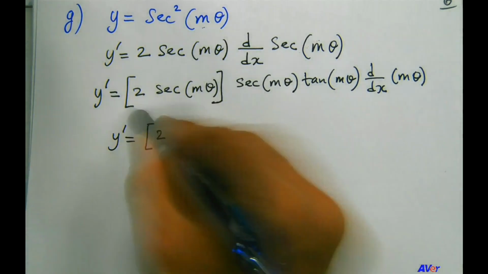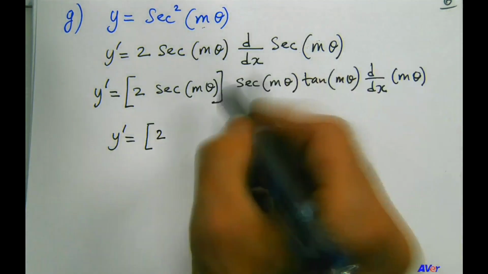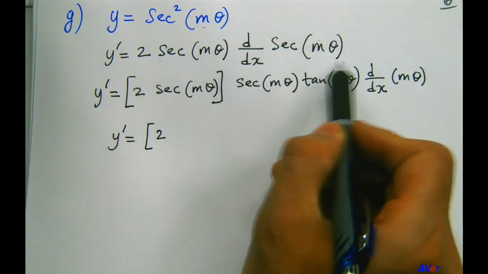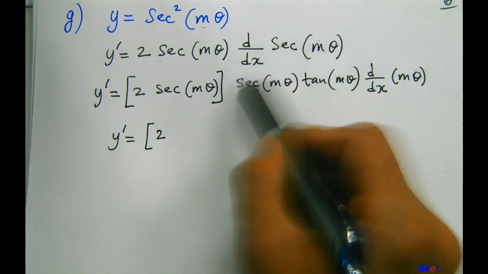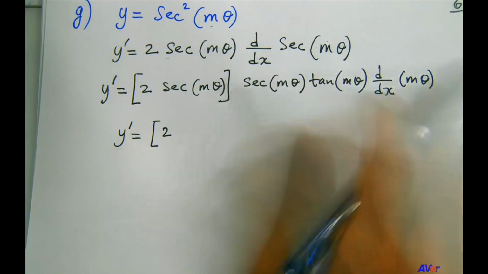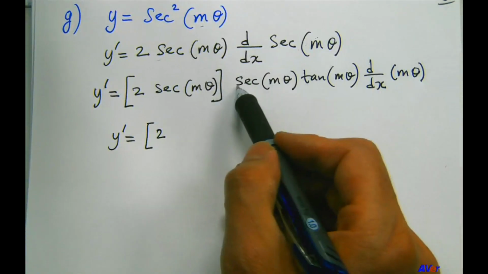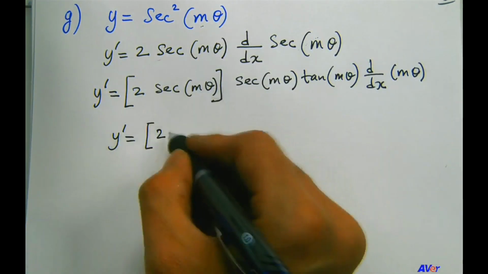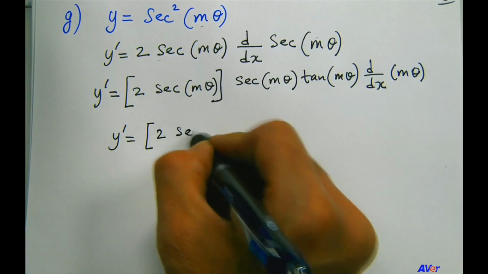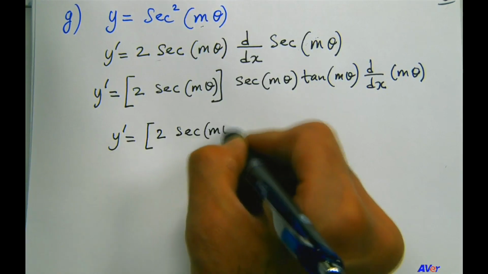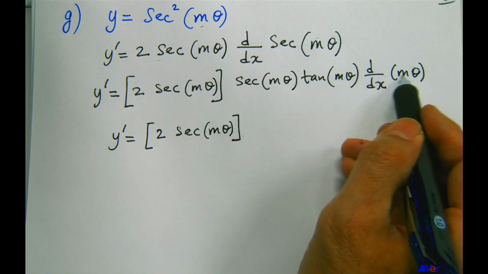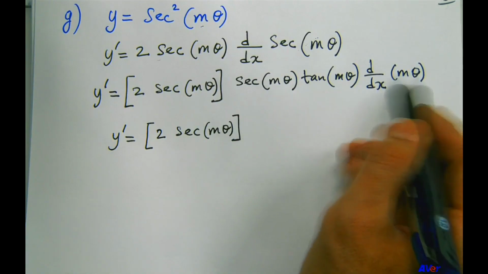The only reason I'm using brackets, if you're wondering, is to separate this piece from what we were finding the derivative for. So this derivative is all of this outside of the brackets. So it's just a visual aid. That's the only reason I'm using the brackets. So 2 times secant m theta times, all I'm doing is taking the derivative of this parenthesis, which is m.